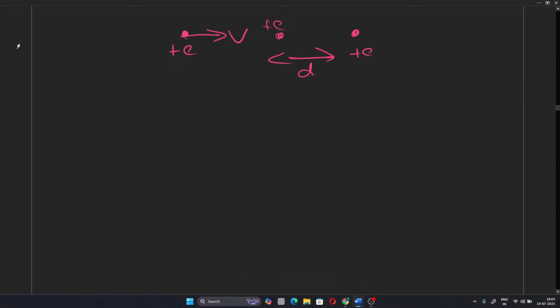Okay, this is based on conservation of linear momentum and conservation of mechanical energy.